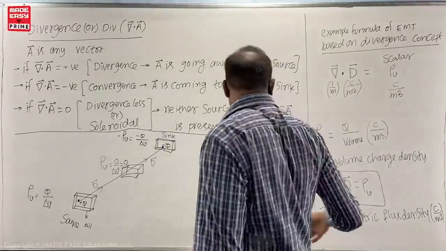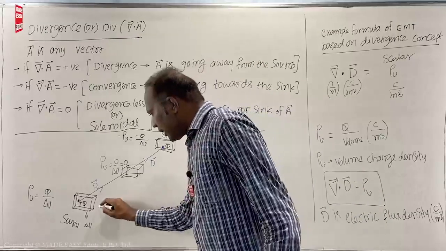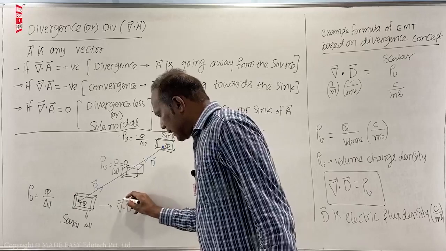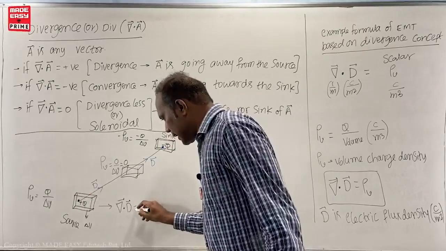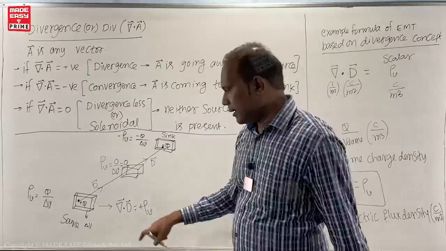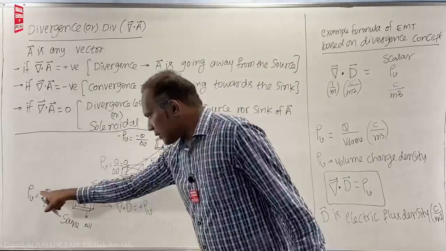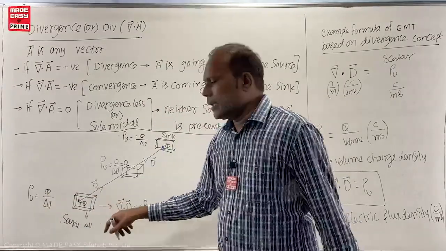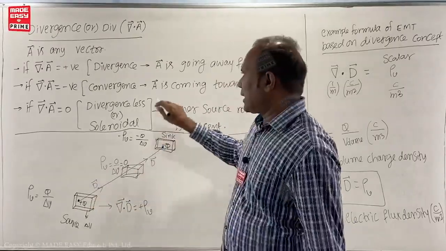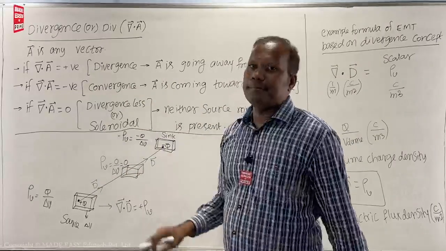Now take this equation. If I calculate the divergence of D at this location, then the answer is plus rho V. That means at this location a plus rho V source is there. From that source D bar goes away, or diverges from that location.